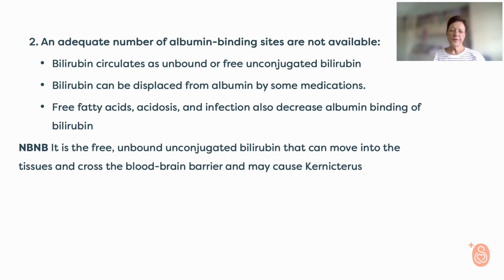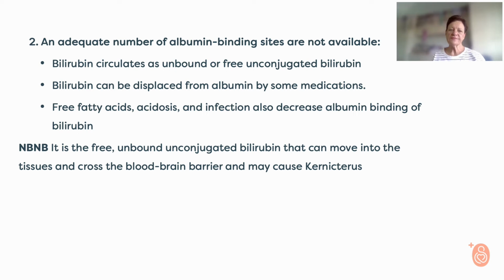Another big problem, or possible reason why babies develop physiological jaundice, is this: remember we've said that the unconjugated bilirubin binds with albumin in the blood, and that enables the unconjugated bilirubin to go to the liver so that it can be changed to conjugated bilirubin and be excreted.